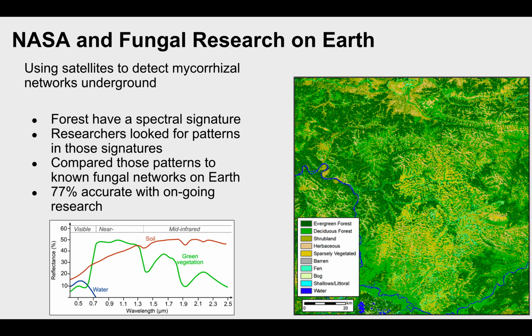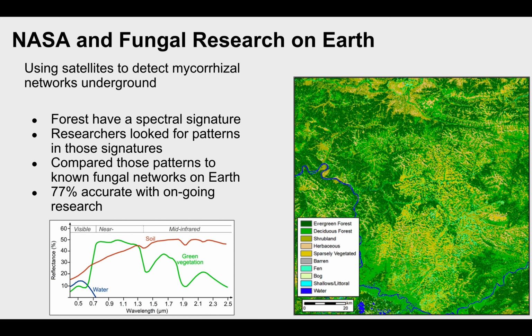Researchers looked at these forests and tried to look for patterns in the signatures that were being sent back. They were trying to associate those patterns with the microbial networks found on Earth. They compared the patterns that they found with the known fungal networks on Earth, and they're fairly accurate. They're 77% accurate.